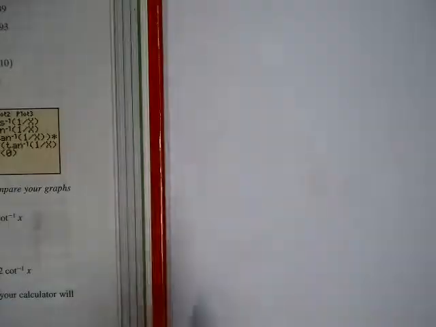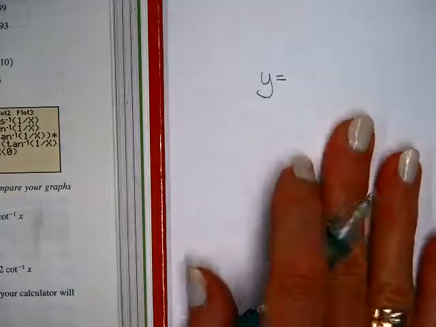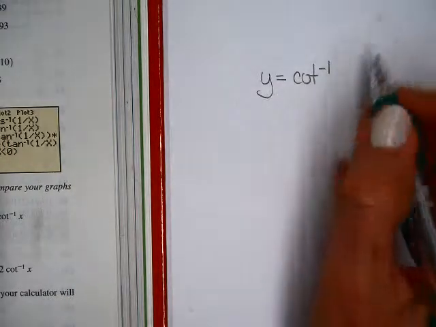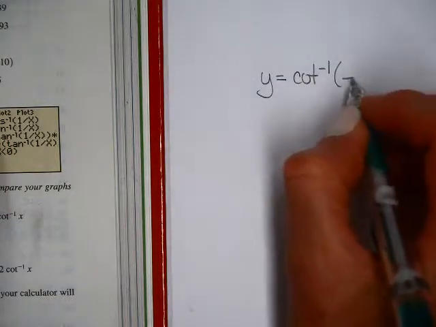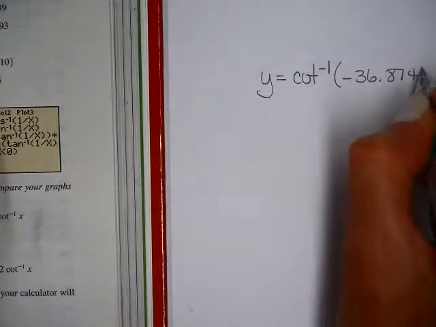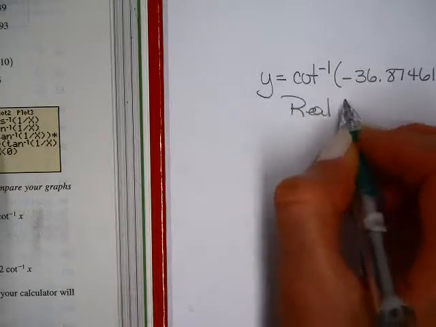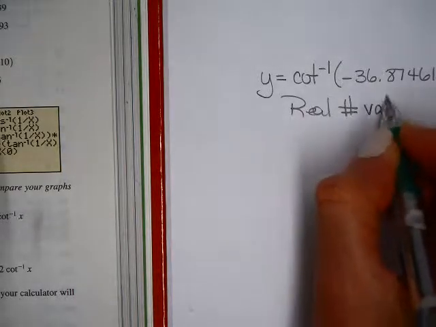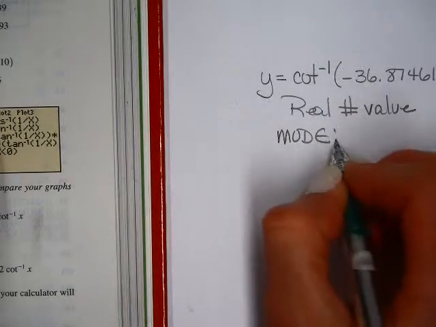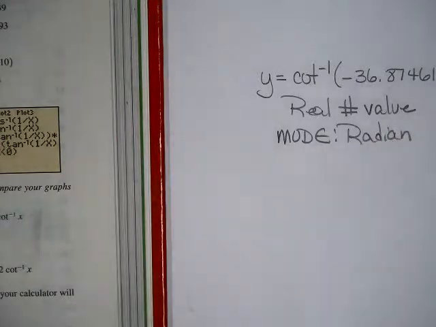All right, number 66 says, y is, and this is in real number mode, find the real number value of -36.874610, and it wants a real number. So what does that say about your mode? Radian mode. Make sure you're in radian mode. And type that in.